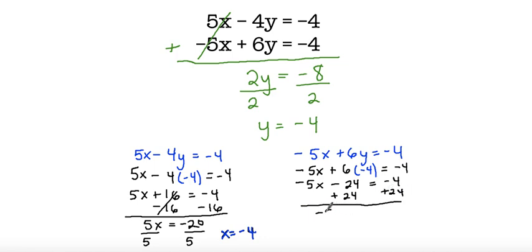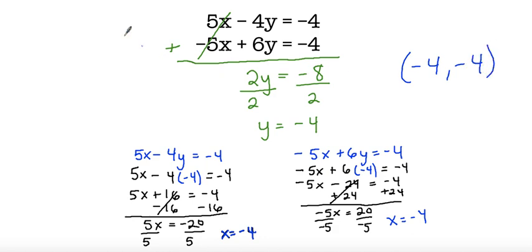And we end up with negative 5x is equal to 20. And in order to get x by itself, we're going to divide both sides by negative 5. And x is equal to negative 4. All right, so these two lines meet at one point, and that one point is at negative 4, negative 4.